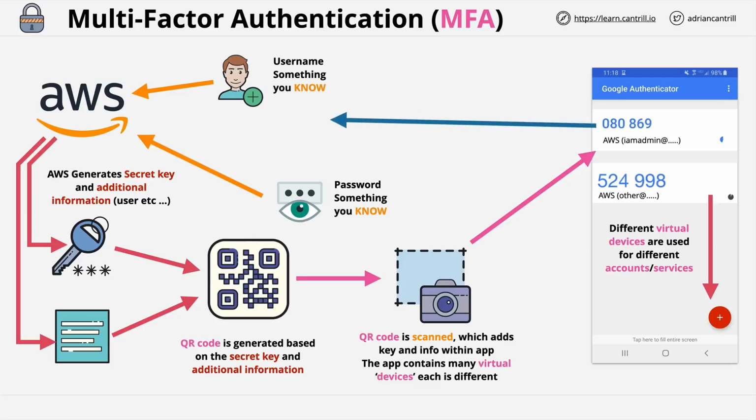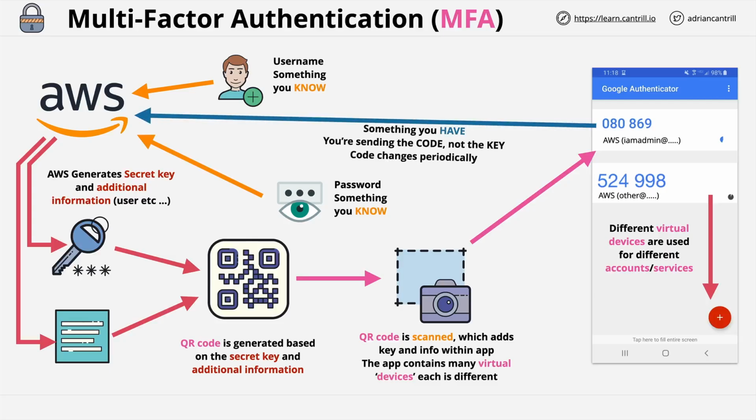It needs to be the current code for the correct virtual MFA on your specific Authenticator application on your phone or other device. This means, in addition to the username and password, which are both things that you know, so this means single-factor authentication, you now need to provide something that you have, and this means your identity inside AWS is secured using multi-factor authentication.